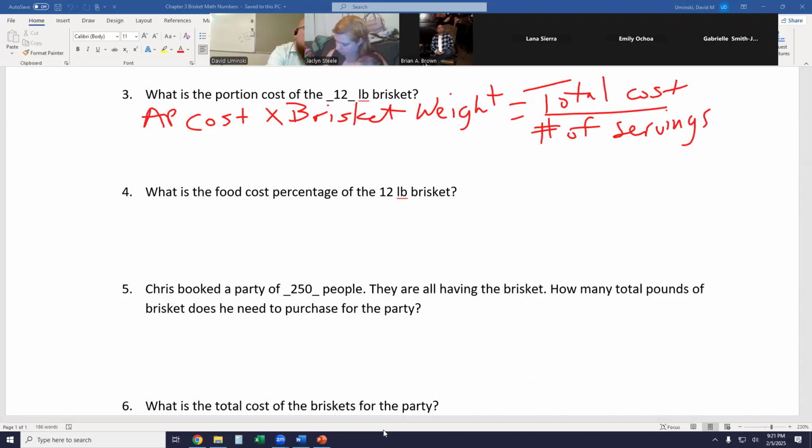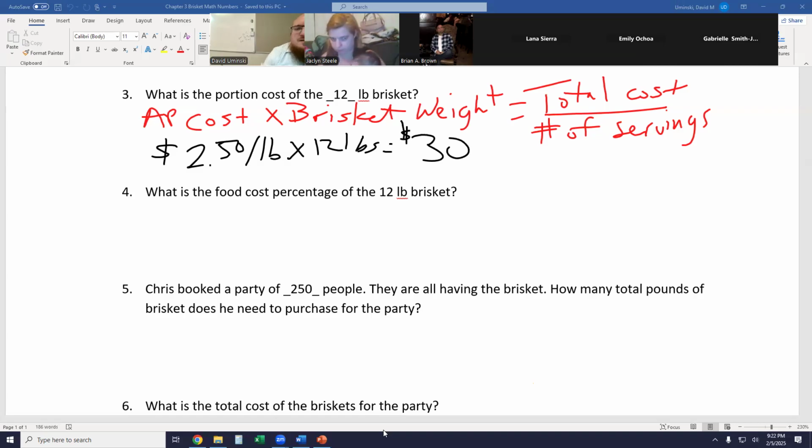So let's do that. How much is my as purchased cost? It was $2.50 per pound, times 12 pounds, which means this cost me $30 to buy this brisket. Think about when you go buy the brisket at HEB, it shows you it's $2.50 per pound.